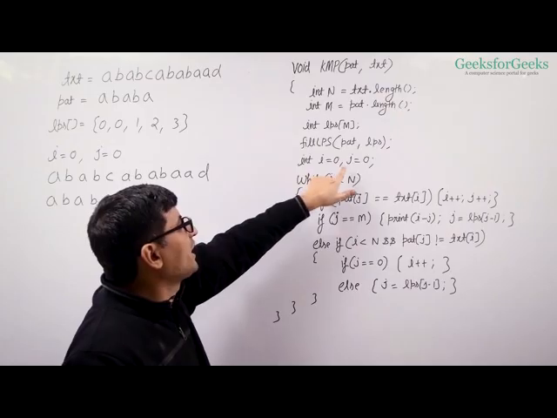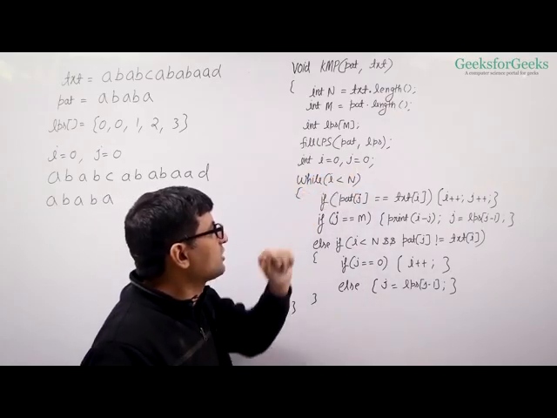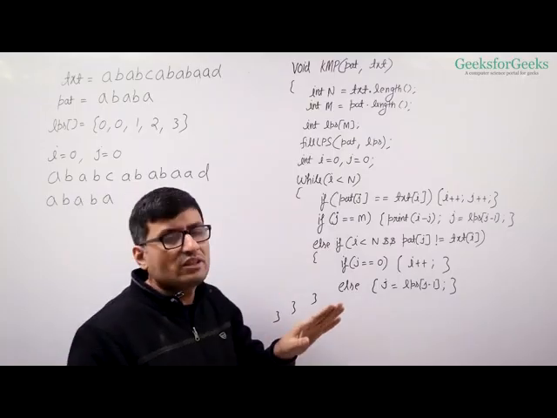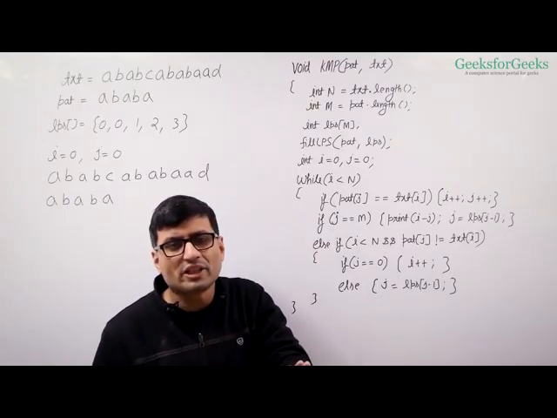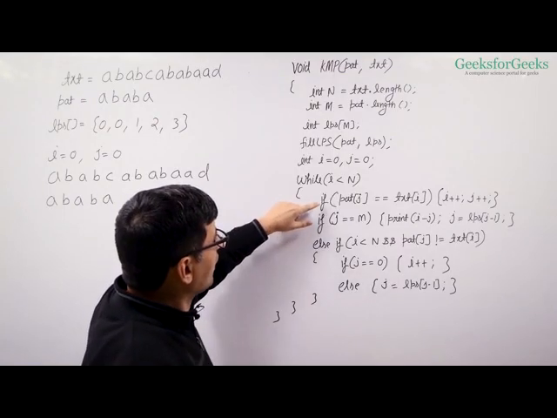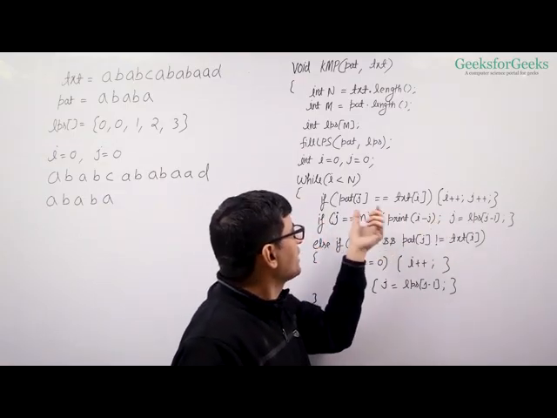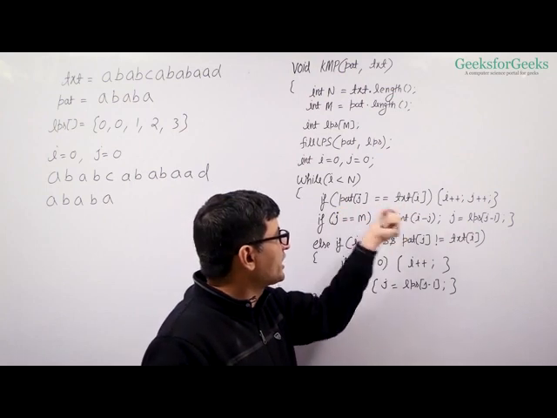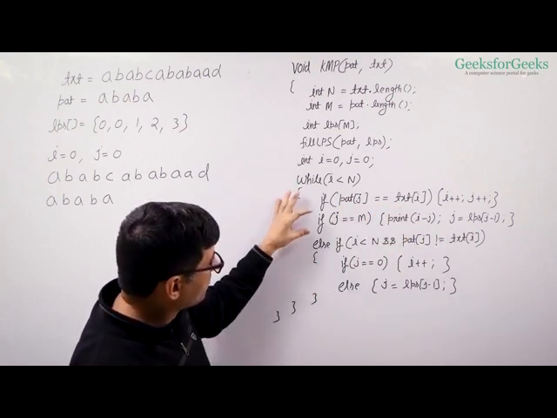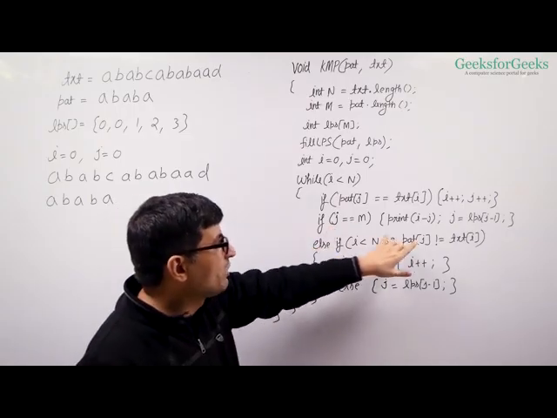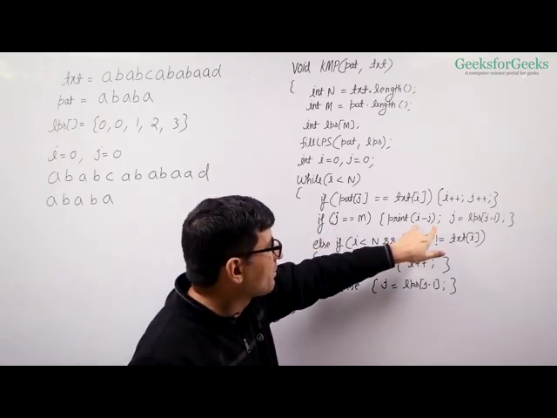We initialize i equal to 0 and j equal to 0. And then we run a loop while we have not reached the last character of text. Inside this loop, we keep on incrementing i and j if pattern[j] matches with text[i]. And if we matched all the characters, if j became m, then we print the shift as i minus j.